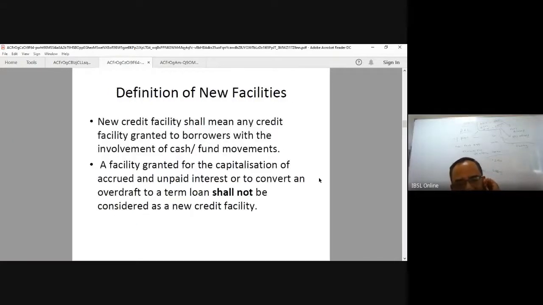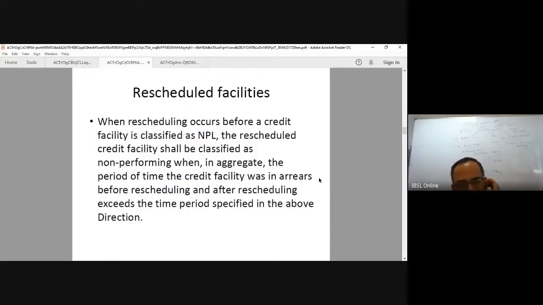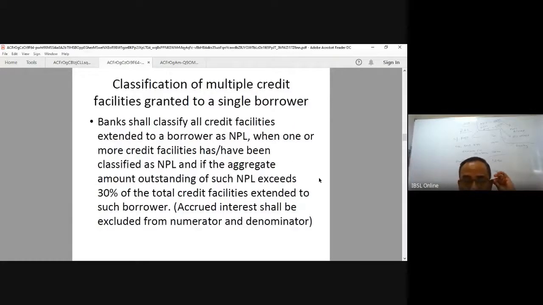Then how do you reschedule a facility? And while rescheduling, how do you calculate the period for your calculation of NPA? Then we looked at, if you are giving multiple credit facilities to a single borrower, under what circumstances you will classify him as a non-performing customer.